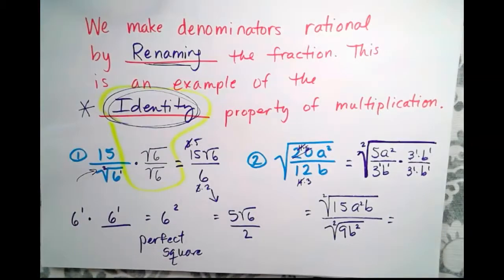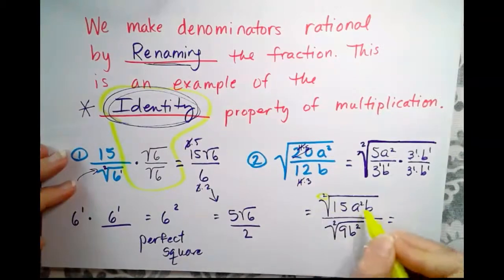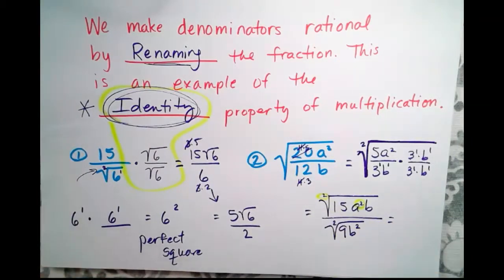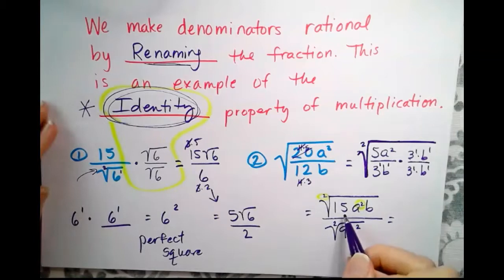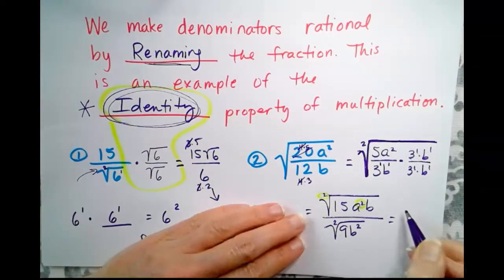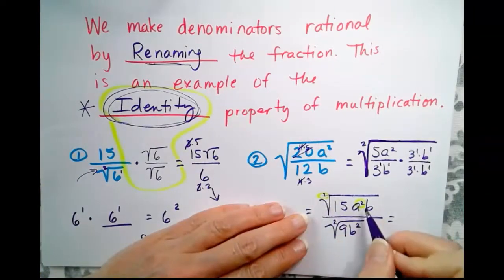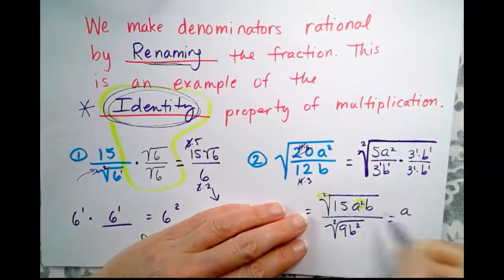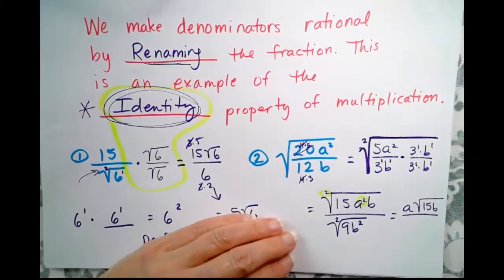Now, let's simplify those radicals. So on the top, the only thing that we can really simplify with an index of 2 is that power of a right there, because nothing's coming out of 15. So 15 is staying, but 2 goes into 2 one whole time. Also, the b is staying. So underneath the radical is 15b, a root 15b.